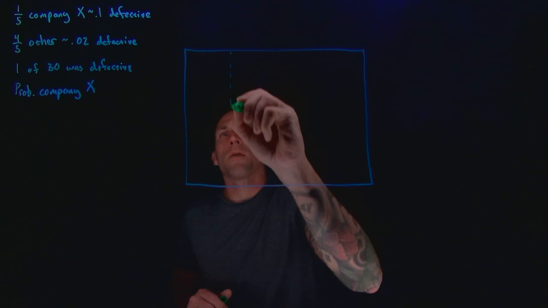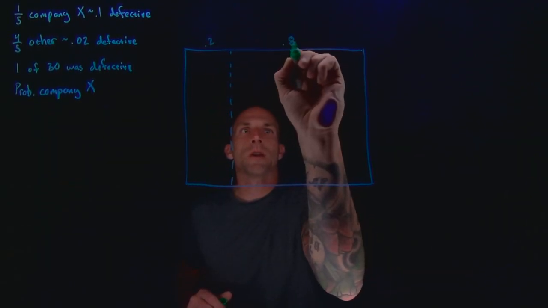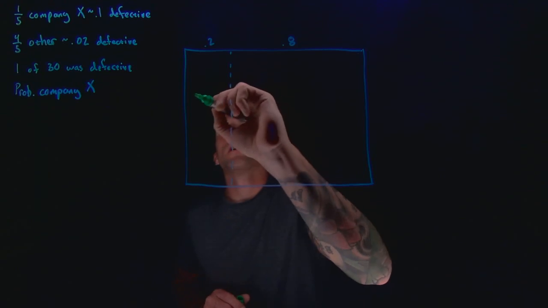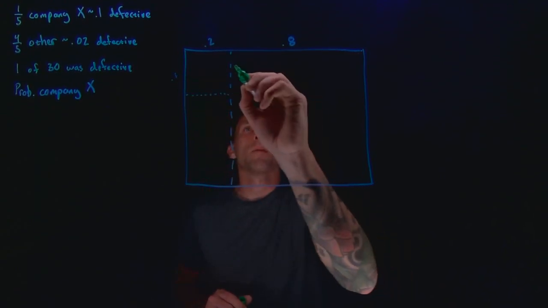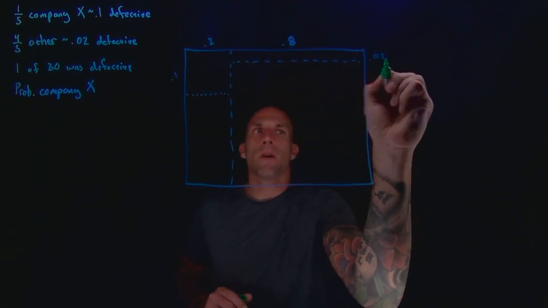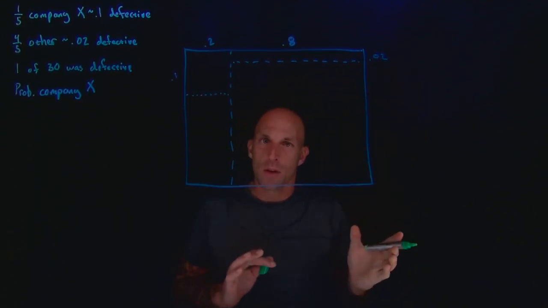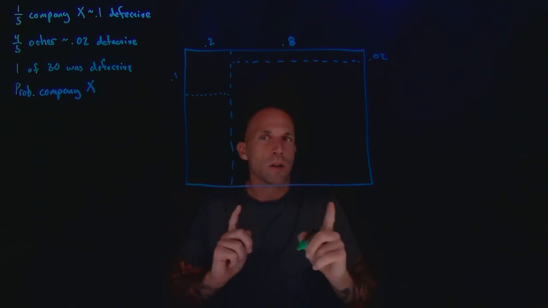And we'll mark off 20% for company X, which means 80% for all the other companies, and there is a 10% defective rate from company X, but only a 2% defective rate for the other companies. And then we do our sampling. So we're in one of two situations.